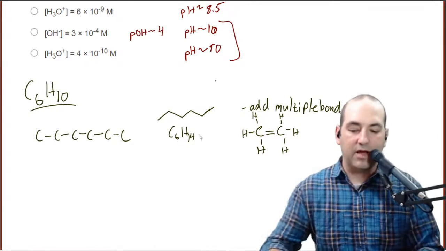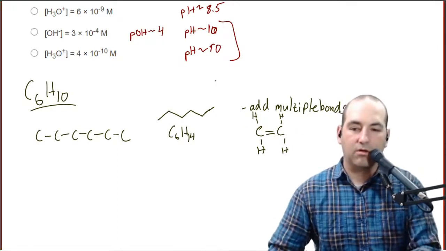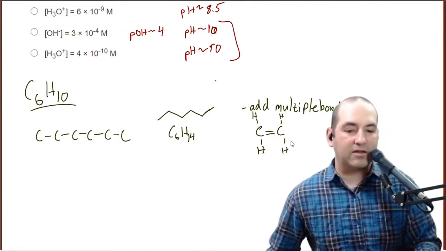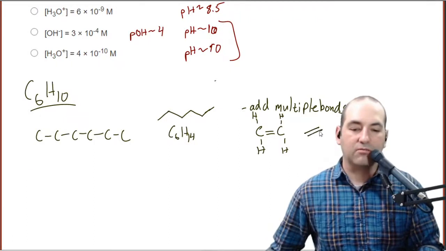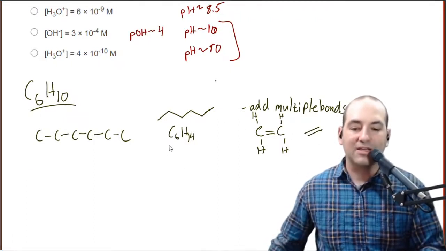So they can't have that many hydrogens. So we need something like that. And that line structure would actually be just like that for that example.